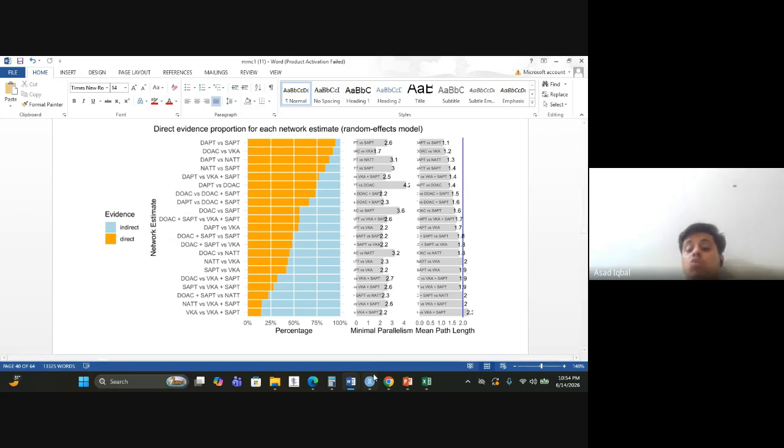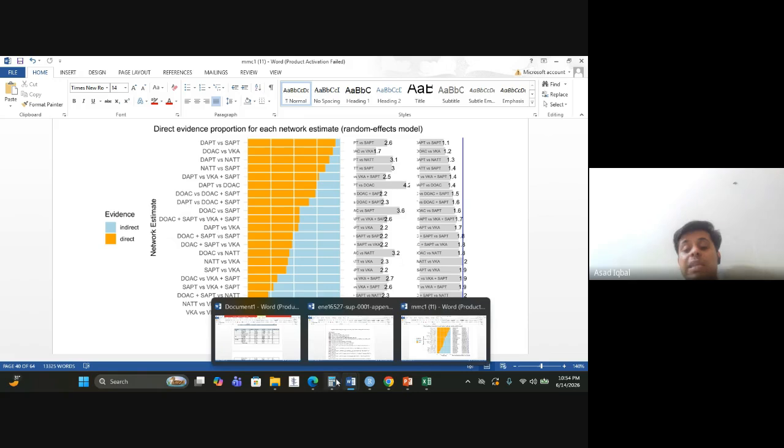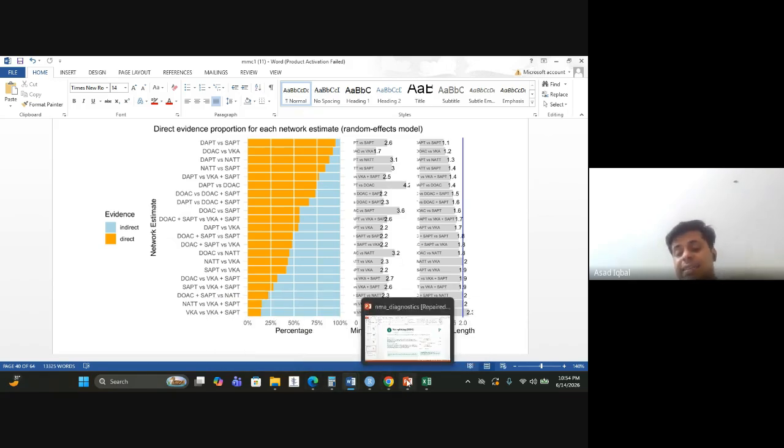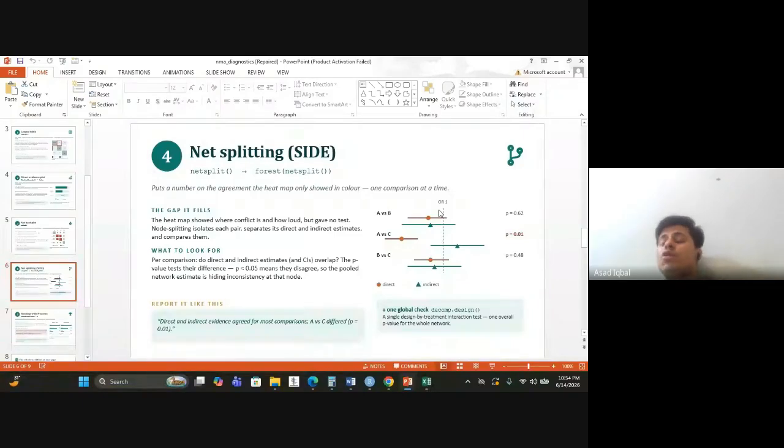Now you want to know whether the indirect estimates are really good to believe or not. Can you believe those estimations? Let's say A is DAPT, B is SCPT, and we have a confidence interval with the odds ratio at the direct estimates, and we also have this blue one, values we got from the indirect estimates.